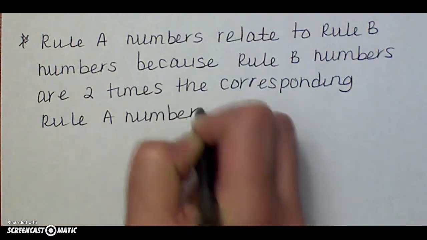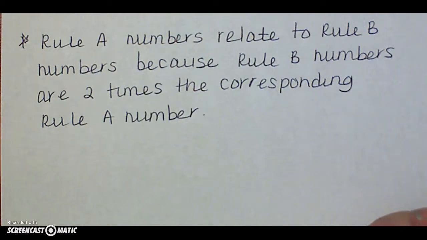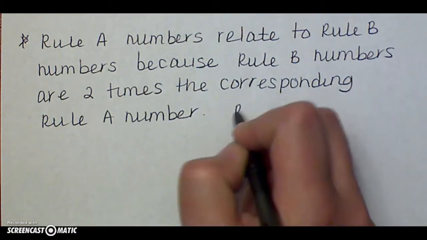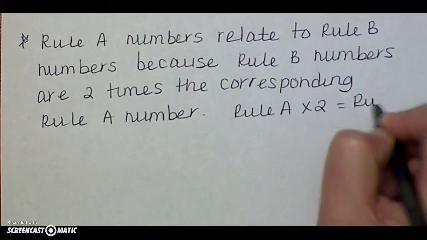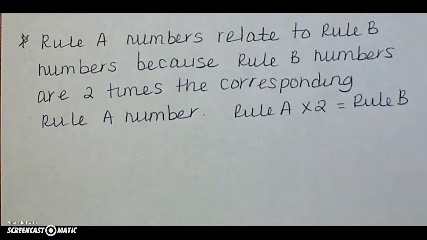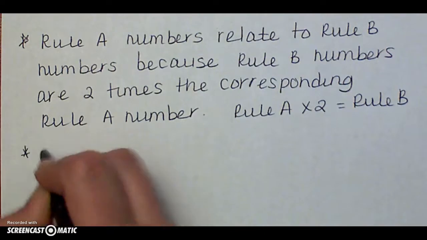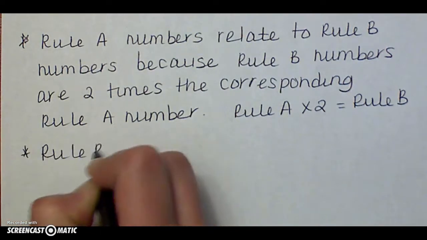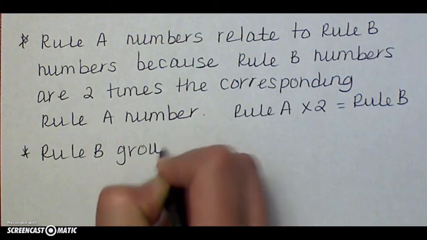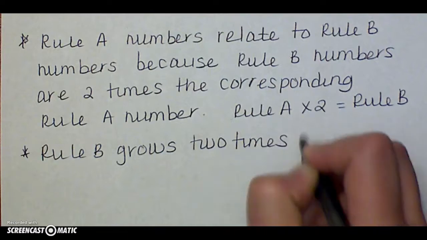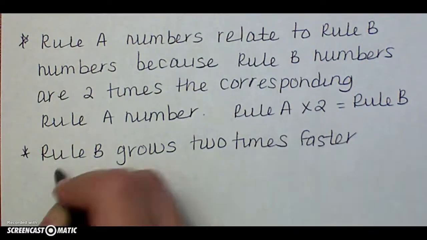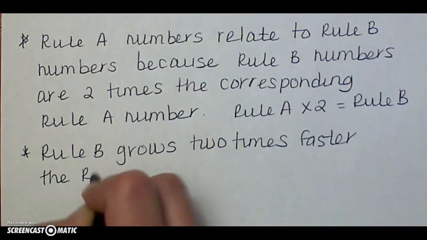Sounds crazy, I know. You could say it like this. Rule A times 2 equals rule B. You could also say rule B grows 2 times faster than rule A.